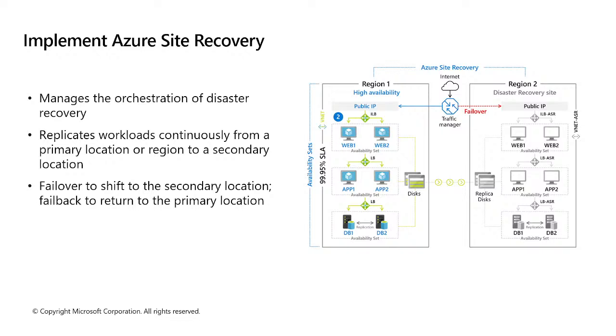And when everything looks good after a while within the primary region, all traffic will be returned back. So you do not really need to do anything.